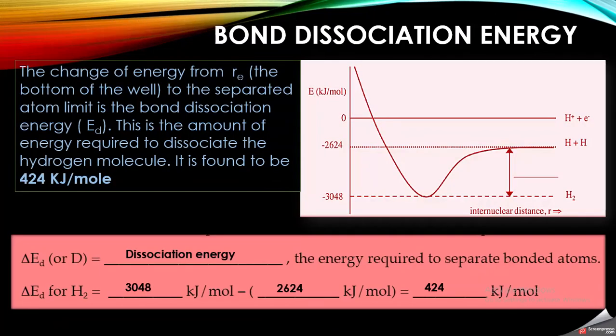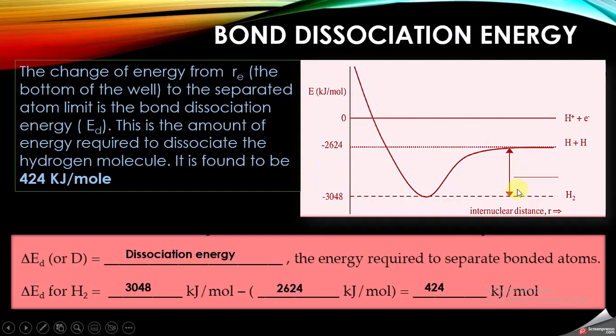So what is the significance of this interaction energy curve? The first thing that I have already told you is that if you take the difference of the energy when the hydrogen atoms are at the separated atom limit and the energy at the bottom of this well, then the difference will give you the bond dissociation energy for the hydrogen molecule.